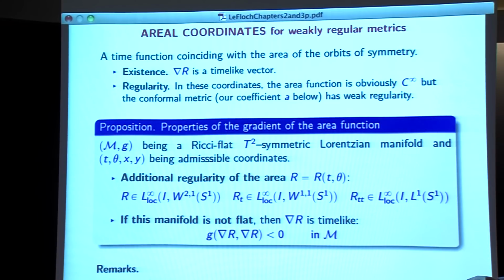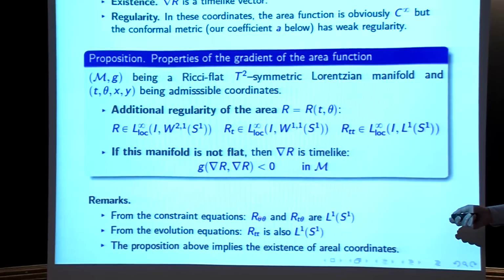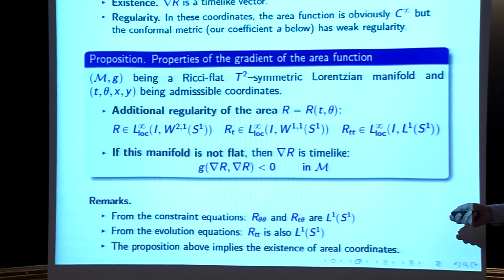As I mentioned before, the constraint equations give us control of two derivatives, theta theta of R. The derivative R theta t is also controlled by another constraint equation. So that gives you part of the statement of regularity here.